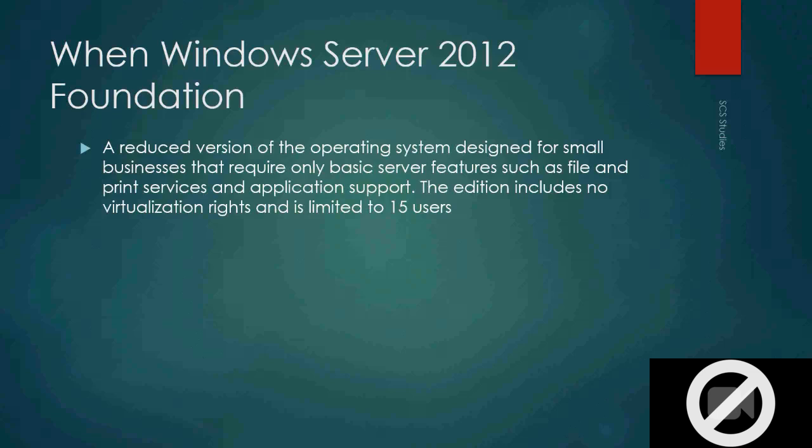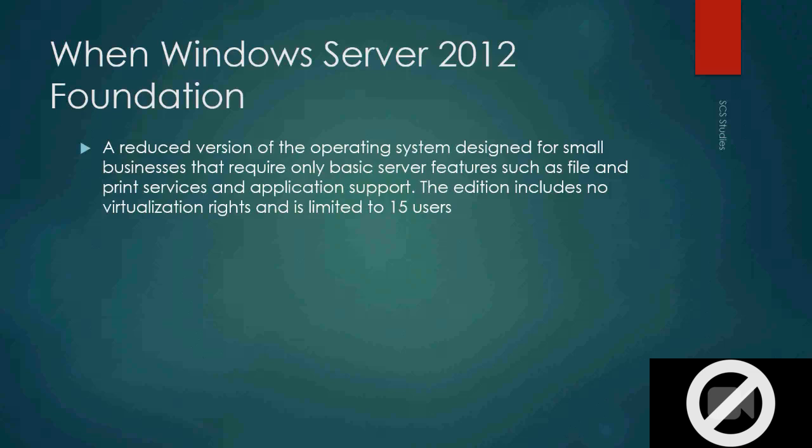This edition includes no virtualization rights. There is no virtualization support available in the Foundation Edition, and it is limited to 15 users only. So you can understand the difference.